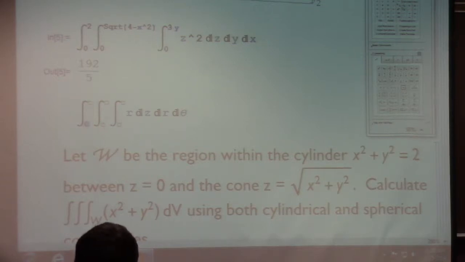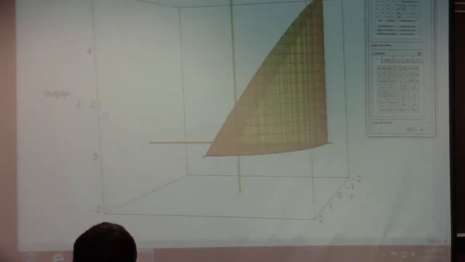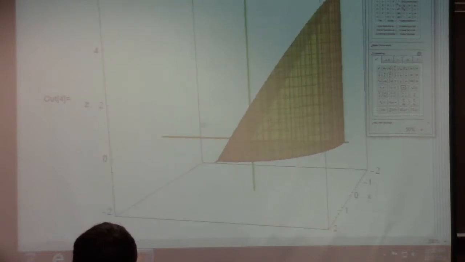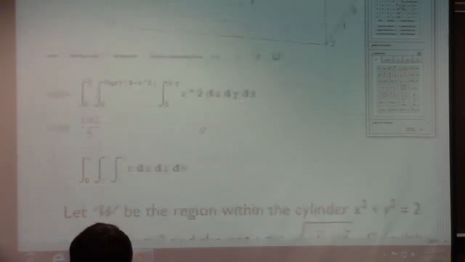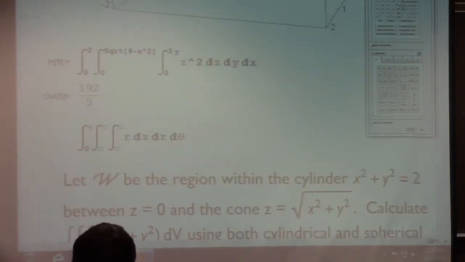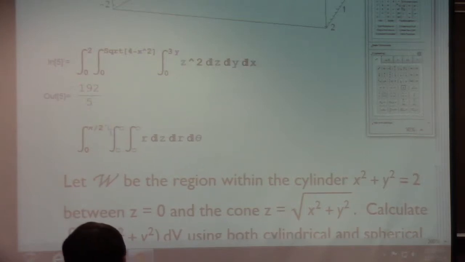Theta is going to go, look at the picture here. Theta is going to go from 0 to 90 degrees, 0 to pi over 2. We're in the first quadrant there above the xy plane. So theta goes from 0 to pi over 2. I haven't plugged my function in here yet. We're going to do that too. What about r?